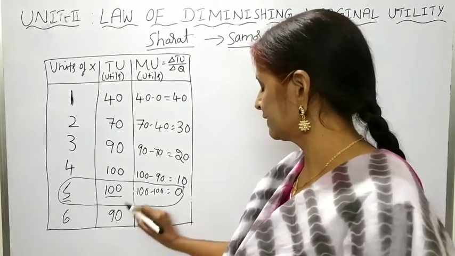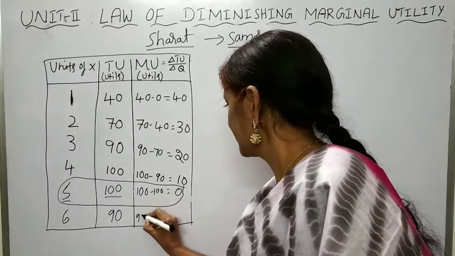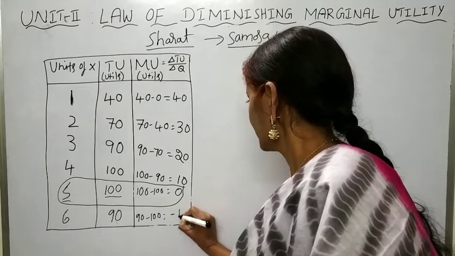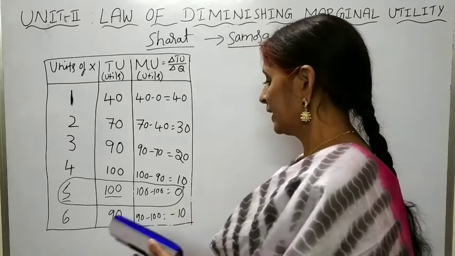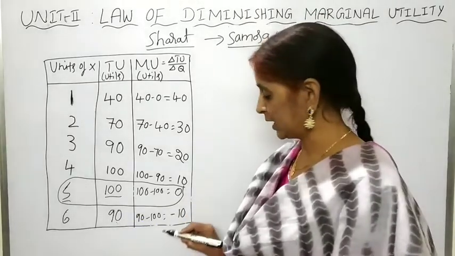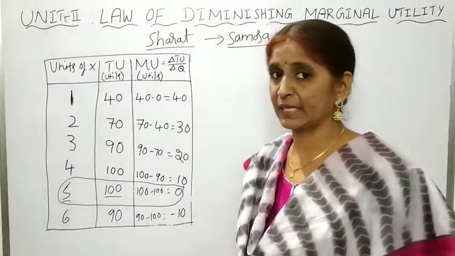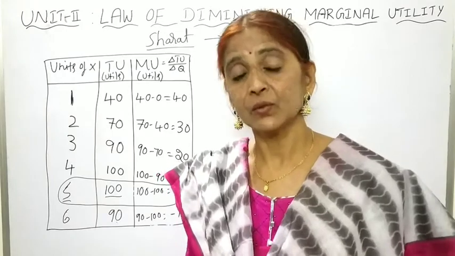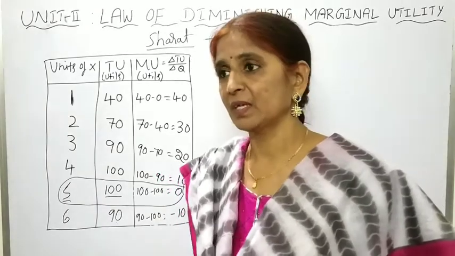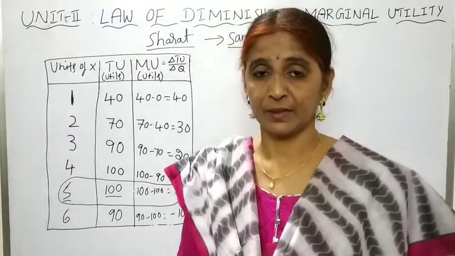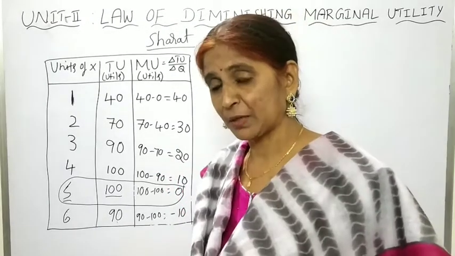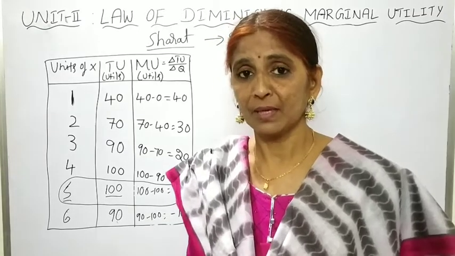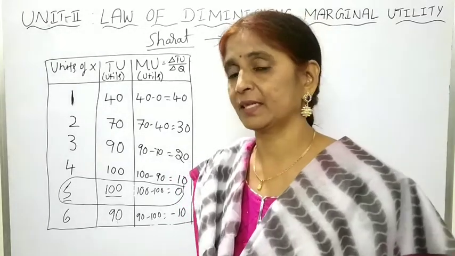Whenever total utility is diminishing, at that time marginal utility becomes negative, minus 10. So the consumer will get disutility or discomfort, means there will be a disturbance in the stomach, stomach pain or vomiting sensation. These are called the symptoms of disutility or dissatisfaction.